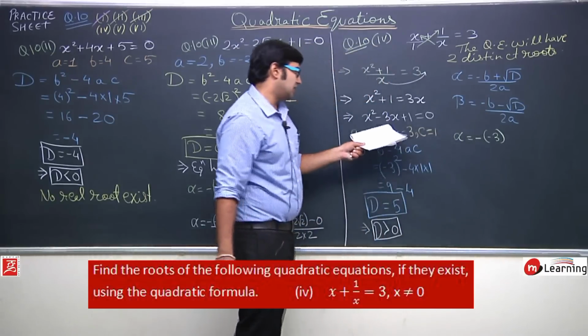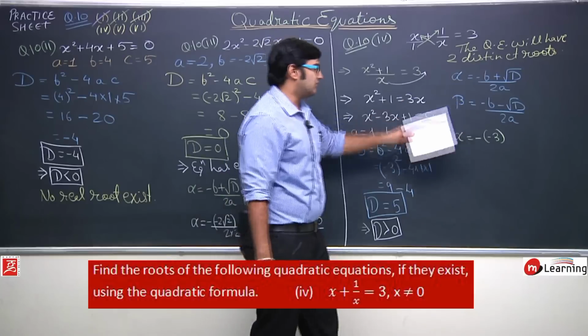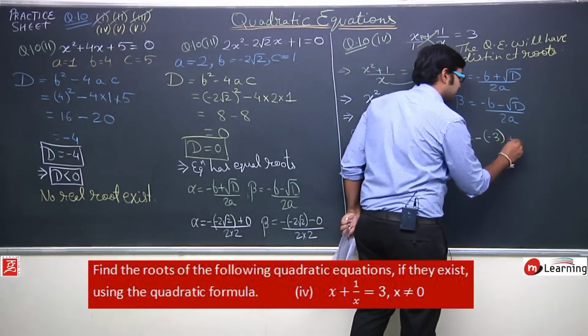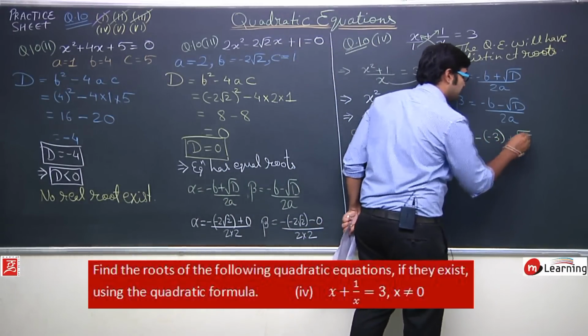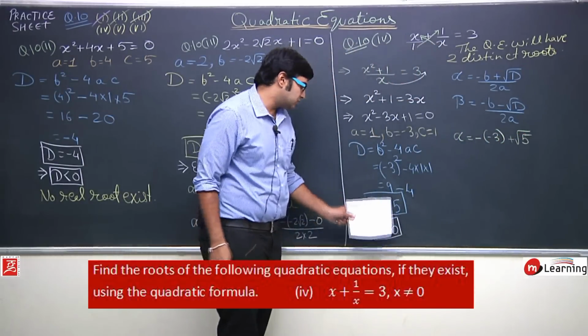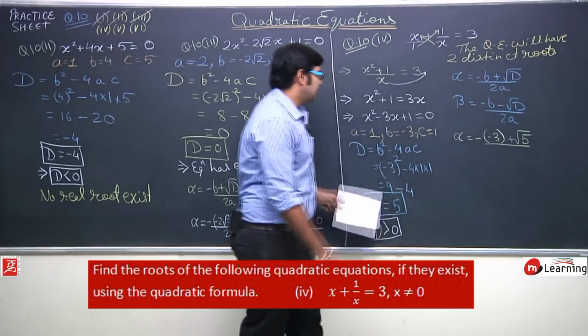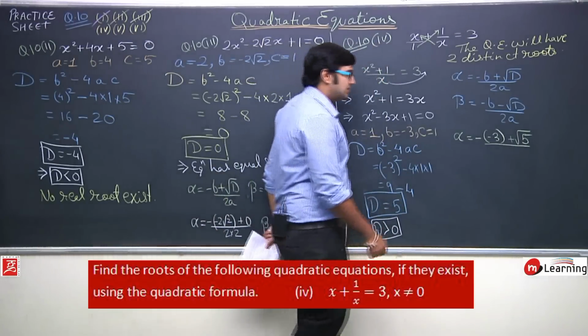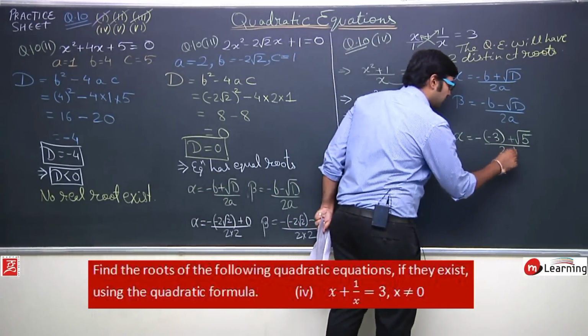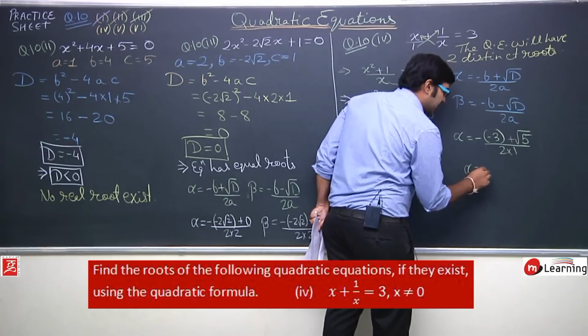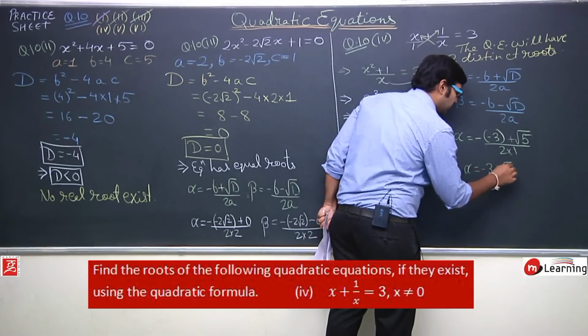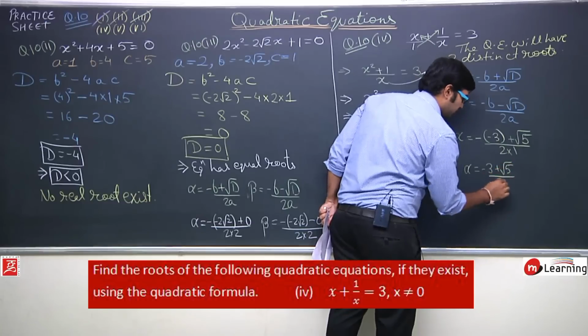Okay, this is 3 minus 3. So minus of minus 3 plus root of 5, because d is equals to 5, upon 2 times of a. What is a? A is equals to 1, so it will simply be 2 into 1. So the value of alpha will be minus 3 plus root 5 upon 2.